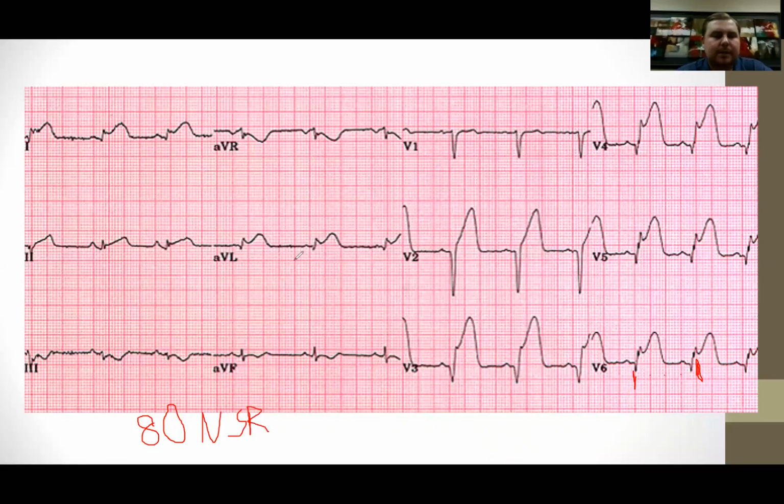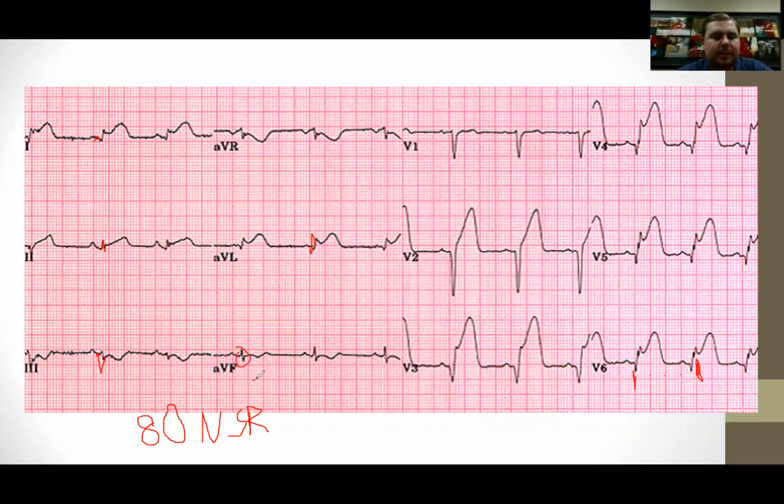We'll determine axis. So I'm going to find my most isoelectric or equiphasic lead, which this one is pointing all down for the most part. This one's pointing all up. This one's a little bit down, a little bit up, and then this one's mostly all up. So that leaves me aVF, which is about halfway up, halfway down.